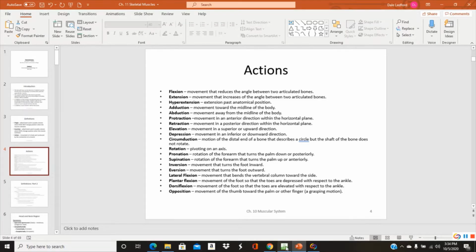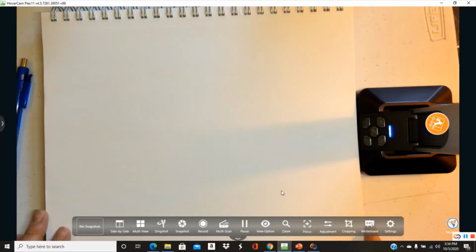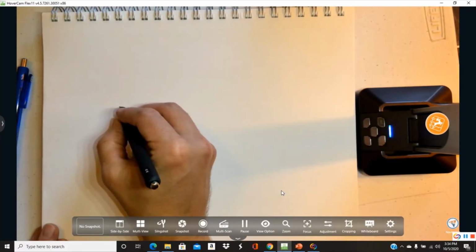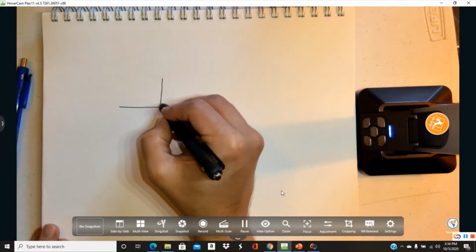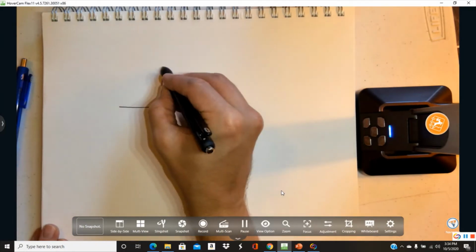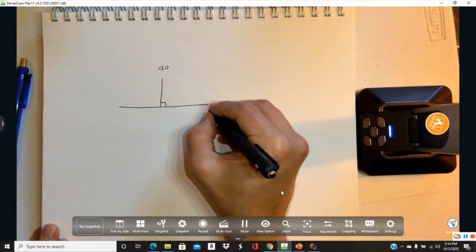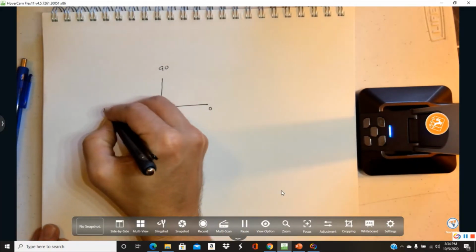Flexion, extension, and then we'll do hyperextension. Now, one of the things we want to talk about is, if we had a straight line here, and let's say I drew this guy, that way we know this is a perfect 90-degree angle here, 0 and 180 degrees.